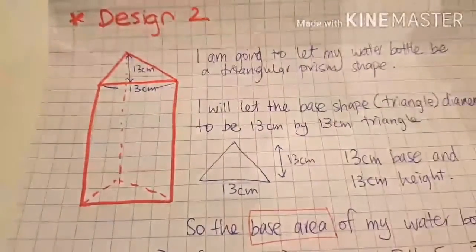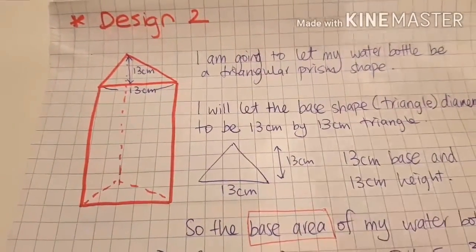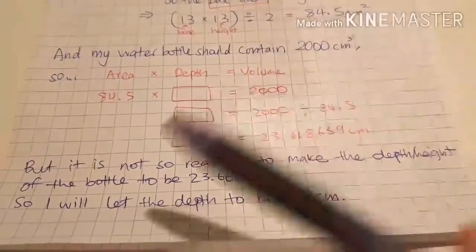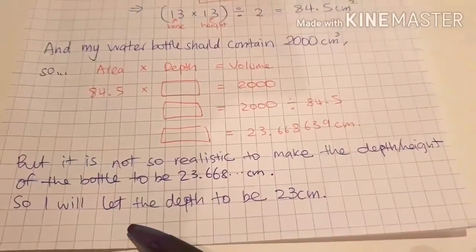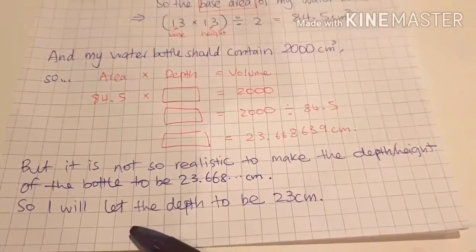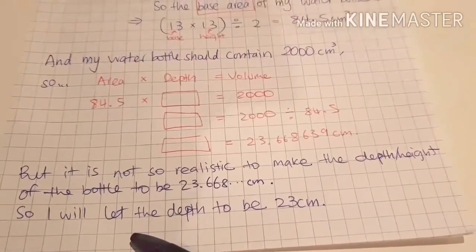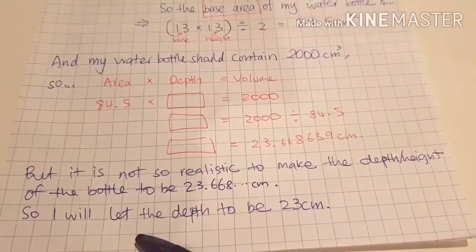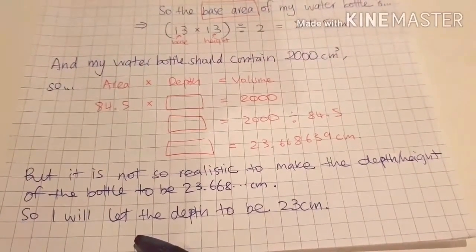But is it realistic to make it that detailed? Not really. So I wrote it like this, but it's not so realistic to make the depth or the height of the water bottle to be in that detail, 4 to 5 decimals, right?